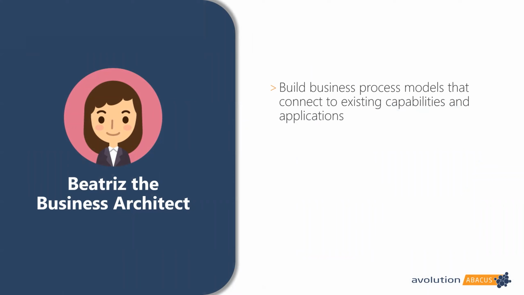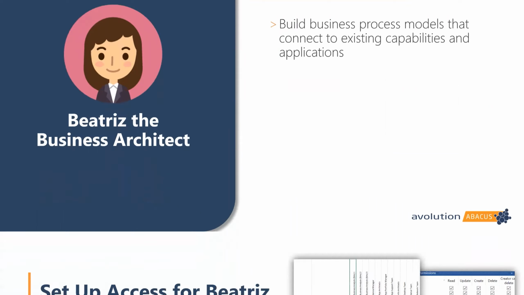Now she wants to build business process models that connect to existing capabilities and applications. However, we have established that her needs and requirements are not to do very, very complex diagrams. She doesn't need to query a lot of existing relationships or leverage a lot of freeform shapes or copy and paste diagrams. So this is going to be a good fit for her as an enterprise modeler.